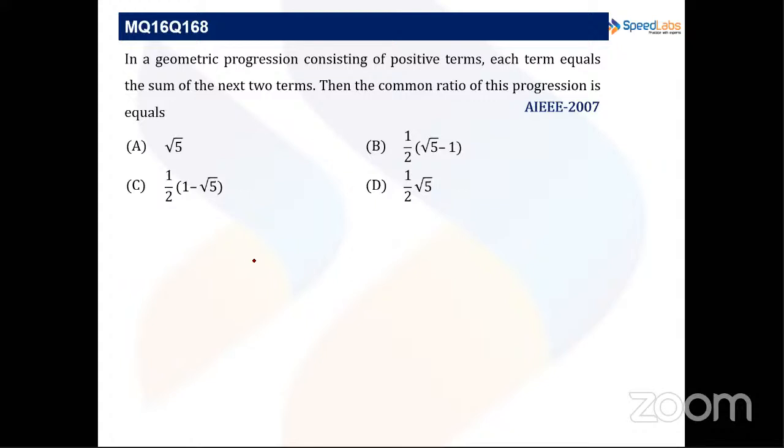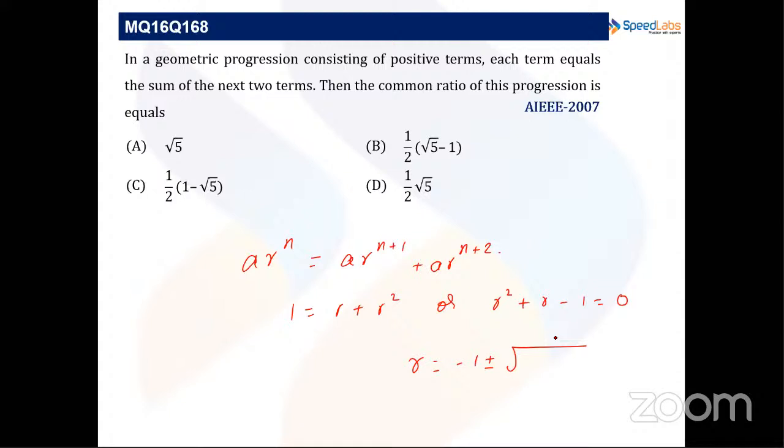So we can take any general term, ar to the power n, then each term equals the sum of the next two terms. So ar to the power n plus 1 plus ar to the power n plus 2. So from this we will be getting 1 equals r plus r square, or r square plus r minus 1 equals 0. So the value of r would be (minus 1 plus minus under root b square minus 4ac) upon 2a.